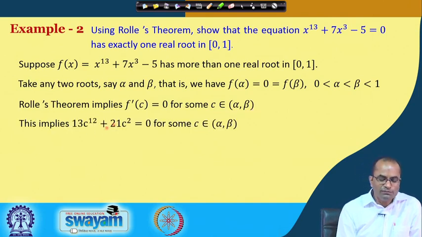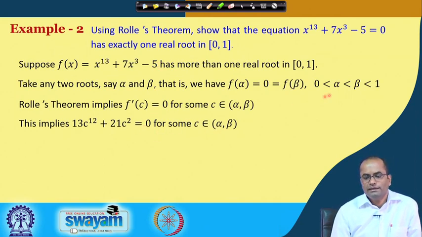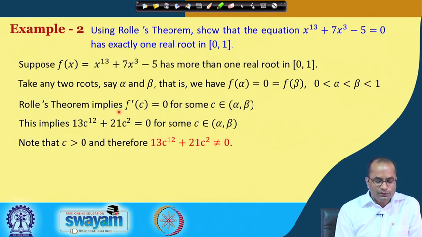So, what is this f'(c)? f'(c) is 13c^12 + 21c^2, and it is equal to 0 for some c in the interval alpha, beta. Again note that alpha and beta are both positive, so c is positive here.